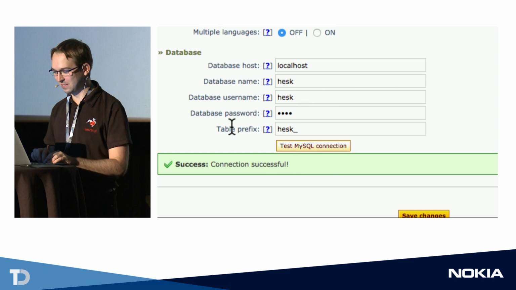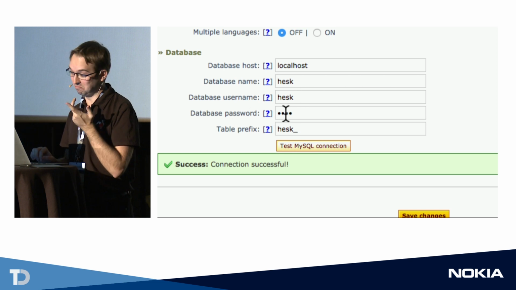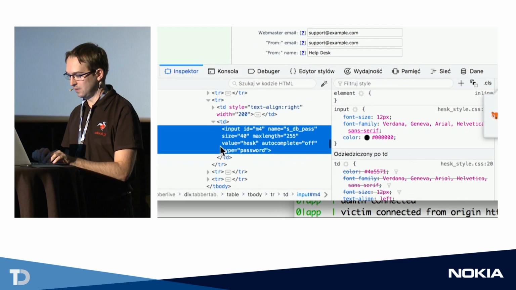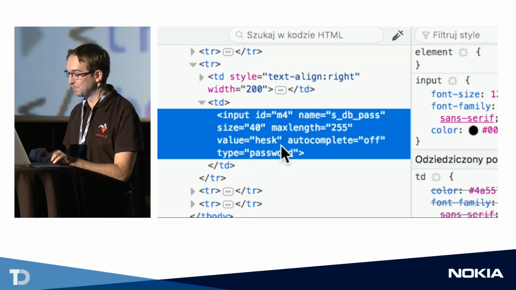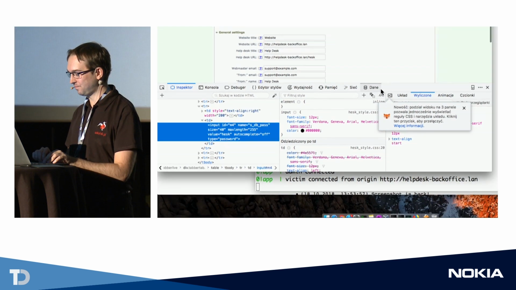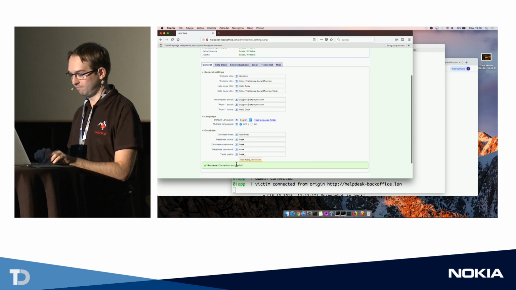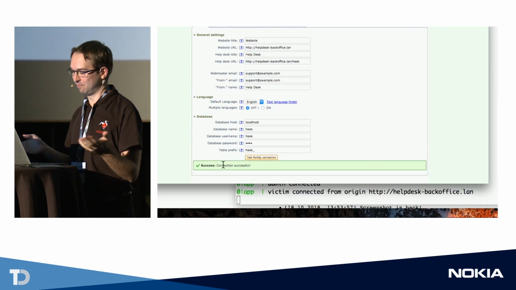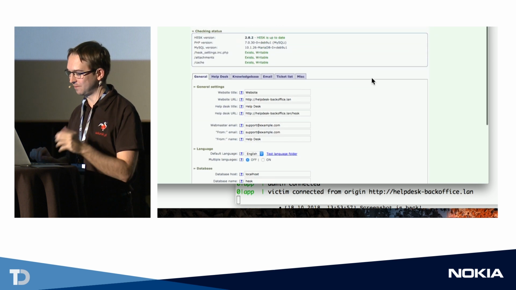So this is pretty nice. Here we have the database password. I wonder what the password is. Well, it wasn't difficult to guess that it's going to be HESC. So I am just able to do absolutely anything right here with the page that is XSSed.